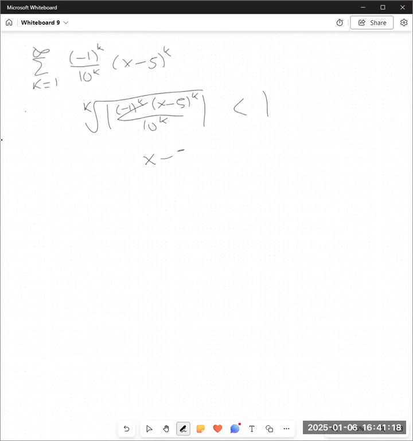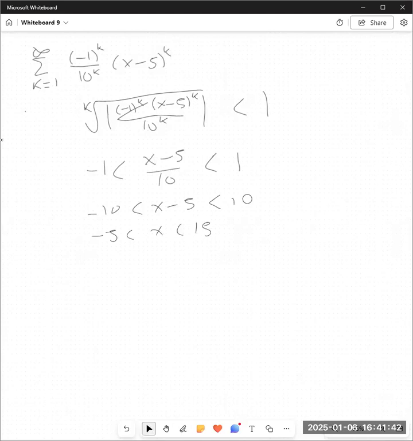This is absolute value of x minus 5 over 10 is between -1 and 1. So -10 less than x minus 5 less than 10; add 5 to both sides, and we get -5 to 15.